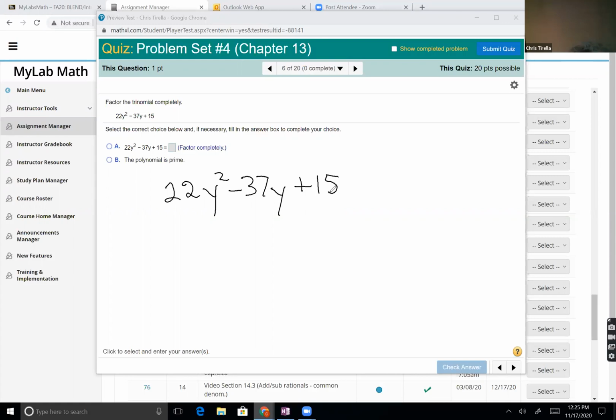I can see it work in trial and error. But let's go through and look at it, because I'm guessing you guys use the AC method.